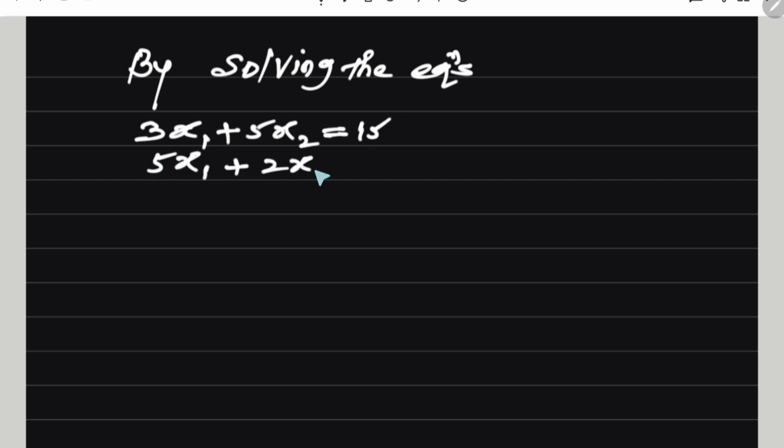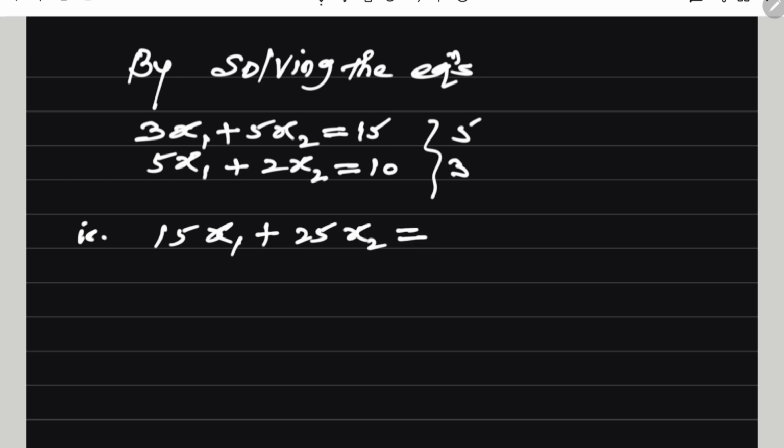Solving these two equations of inequalities by the elimination technique, multiplying the first by 5 and the second by 3, a known method. Therefore, 15x1 plus 25x2 is equal to 75, and the second equation becomes 15x1 plus 6x2 is equal to 30.